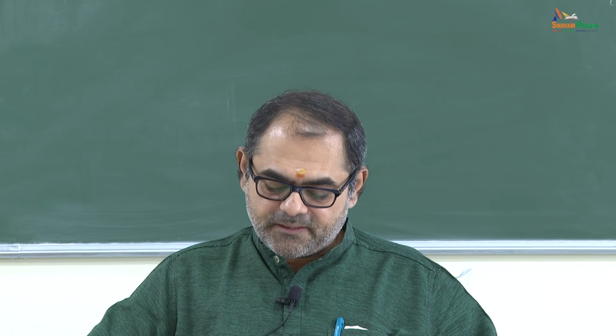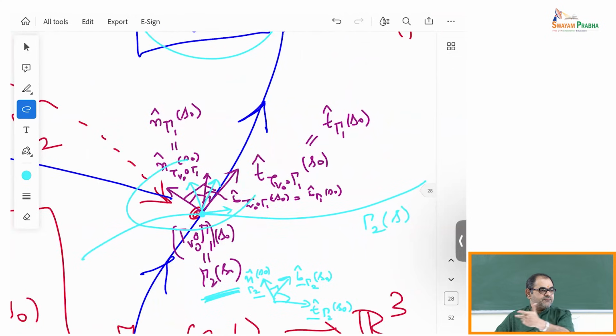Then by translating it, I get this purple frame here, this one here. That is just a translate of a right-handed frame, so it's also a right-handed frame. And then there is also this light blue colored frame, which is the orthonormal frame of gamma 2 at s naught. That is also right-handed by definition.